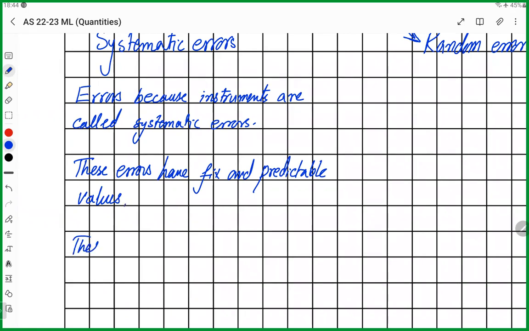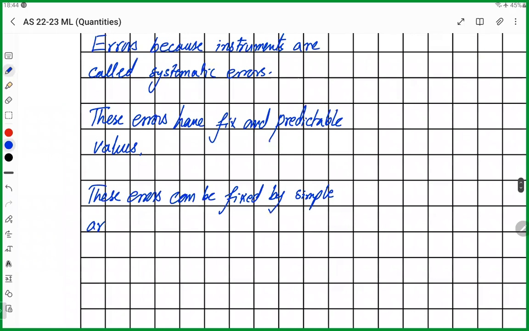These errors can be fixed by simple arithmetical processes.